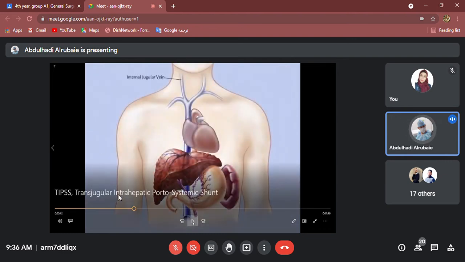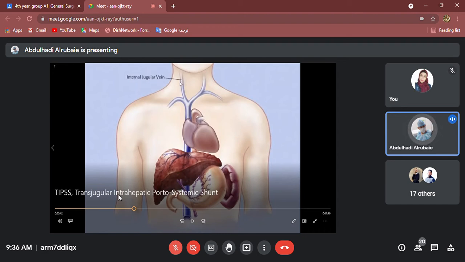So to divert blood away from the esophagus or to reduce pressure in the portal system, we use the procedure, as we said, transjugular, through the internal jugular vein.